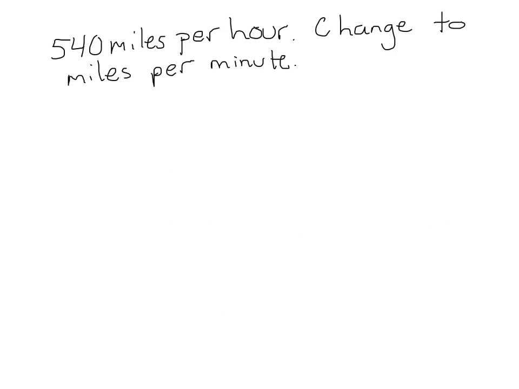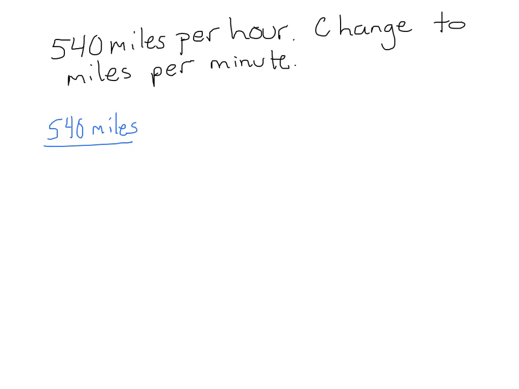Okay, let's start playing with these rates a little bit. You got 540 miles per hour. If we wanted to change that to miles per minute, we can. And here's how. Let's represent 540 miles per hour as a ratio.